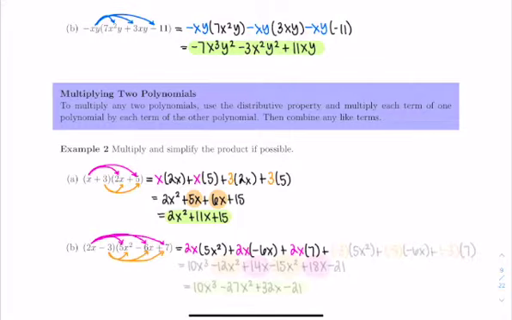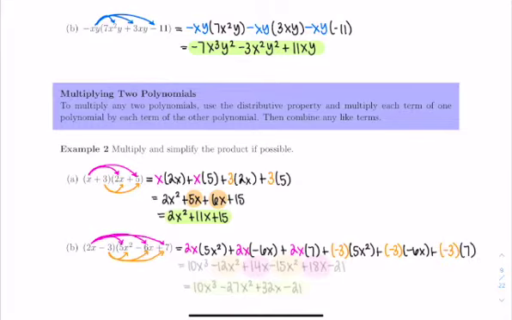Then I want to do the same thing with the -3. We've got -3 times 5x squared. We've got -3 times -6x. And we've got -3 times 7.